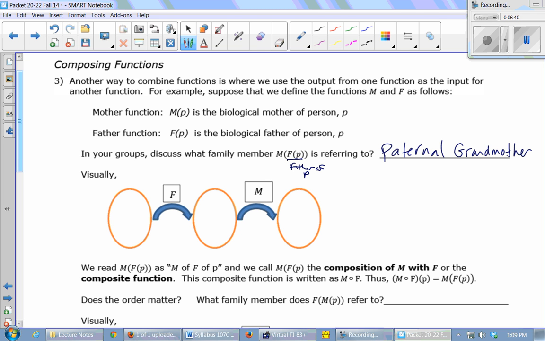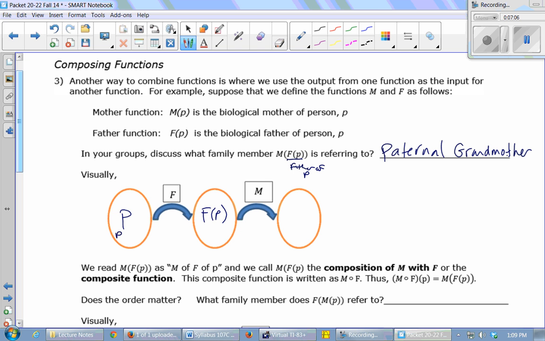Oh, yeah. So f means father, right? So p is the person. f of p represents their father. And then m of f of p is the mother of the father of the person, which is the grandmother on the father's side. So visually, we have person p, right? Is the input. That's the very first input. And then we apply function f and we get f of p, which is the father.